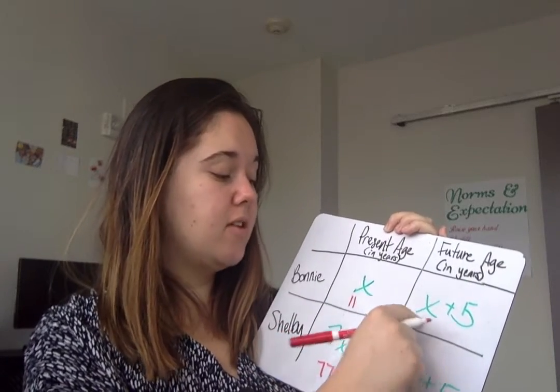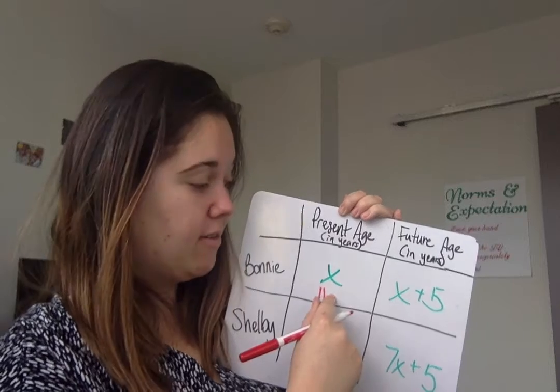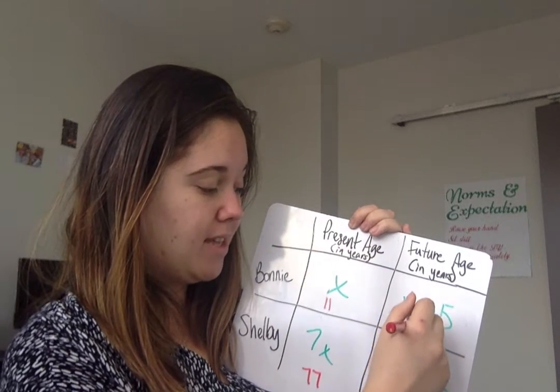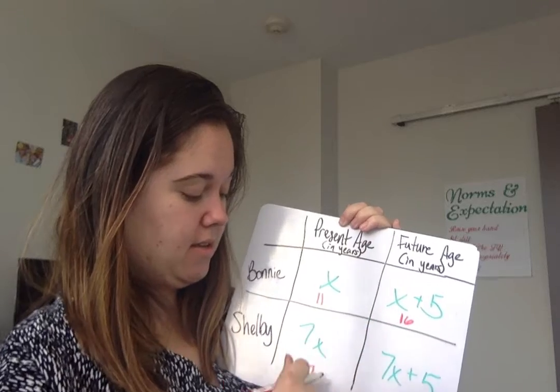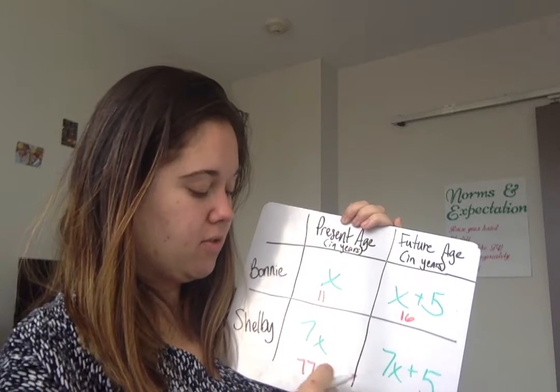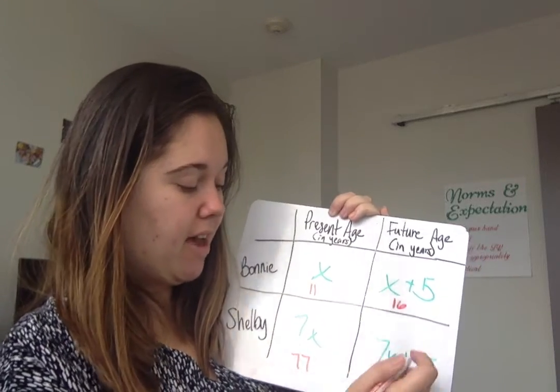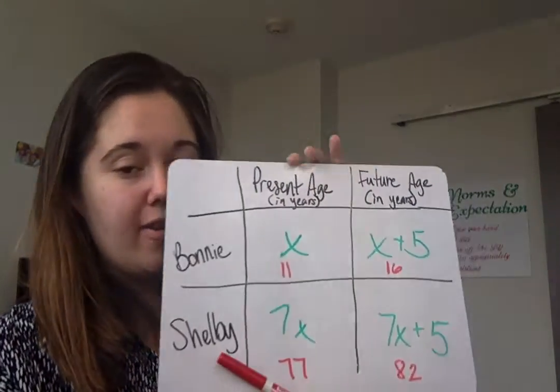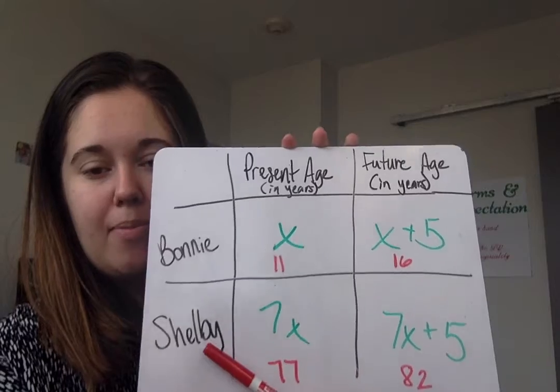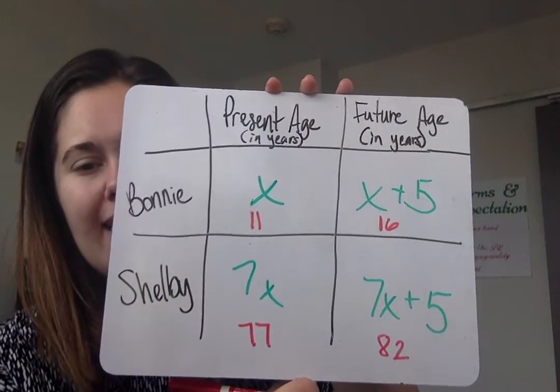In 5 years, Bonnie is 5 years older, 11 plus 5, which is 16. And Shelby would be 5 years older, 77 plus 5 is 82. And there we go. We just did more than what the problem said, but I think you could handle that last bit.